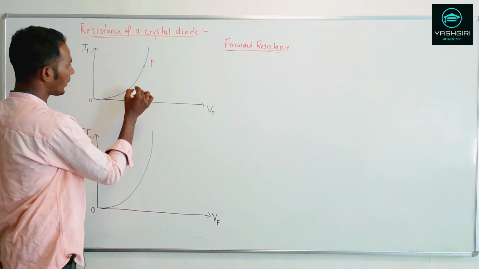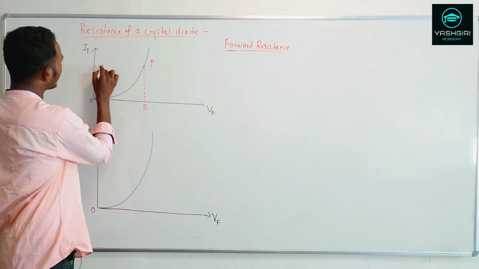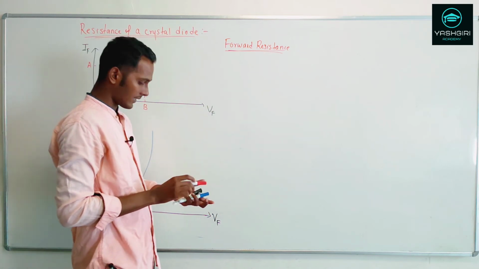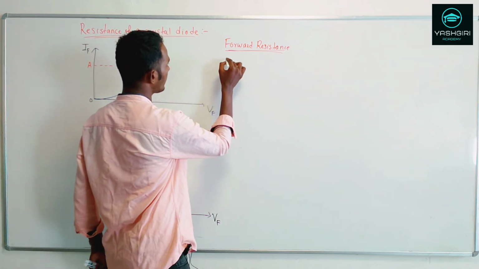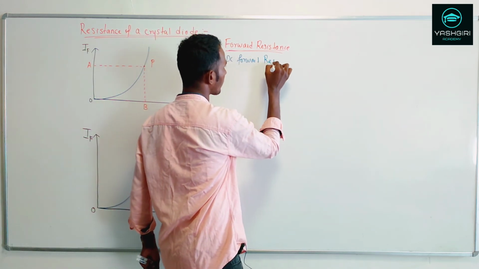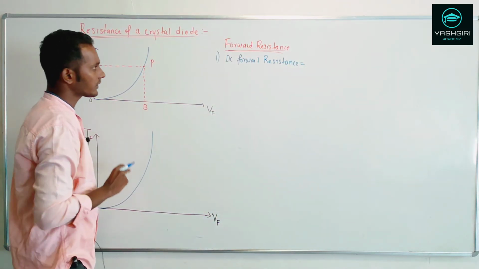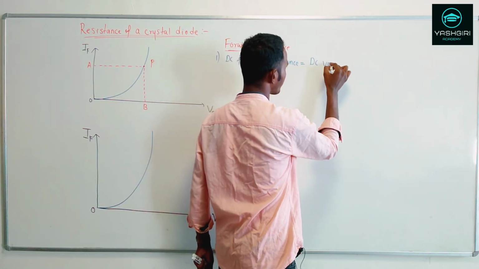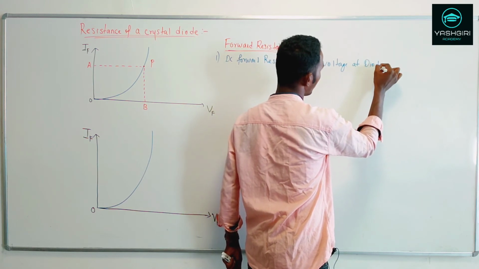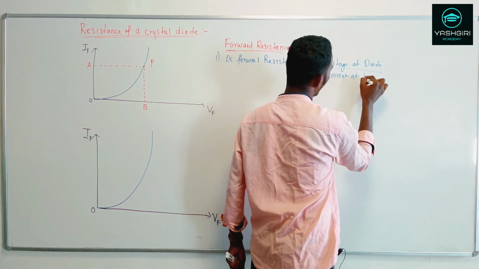Let P be the operating point, let me mark this as my B point, and let this be the corresponding current at A. If I want to write the DC forward resistance, it is equal to the DC voltage at the diode divided by the DC current at the diode.